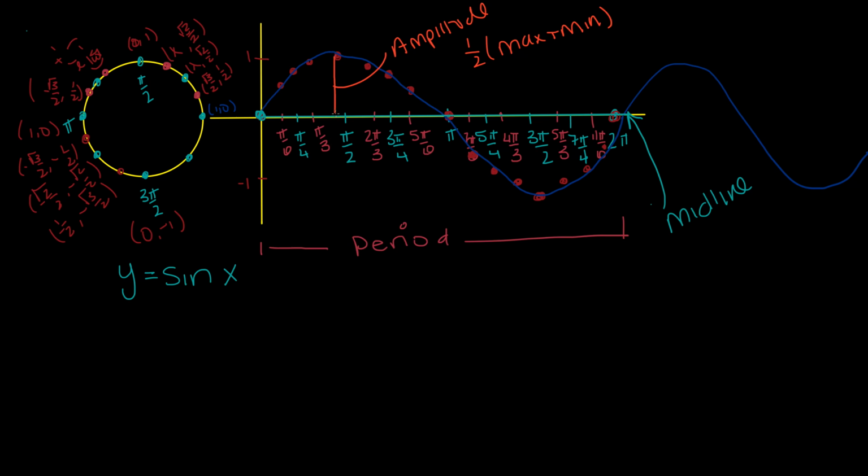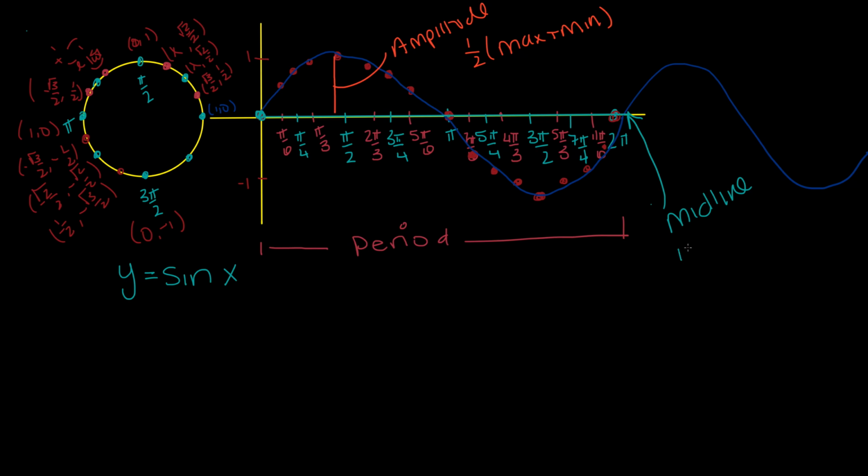Basically, the amplitude is a distance from the midline to the max, or the distance from the midline to the min. And I say distance because remember that distance is going to be absolute value. All right, so amplitude is half the max and min.